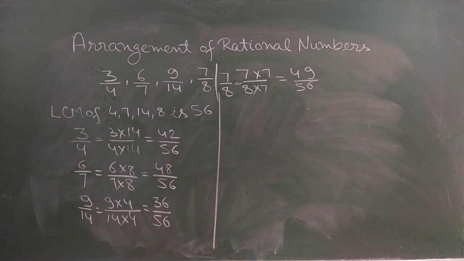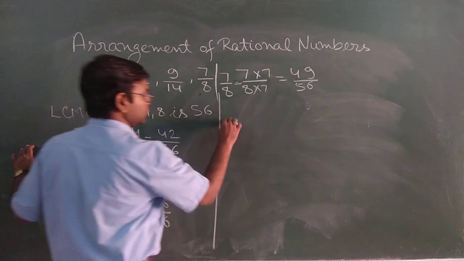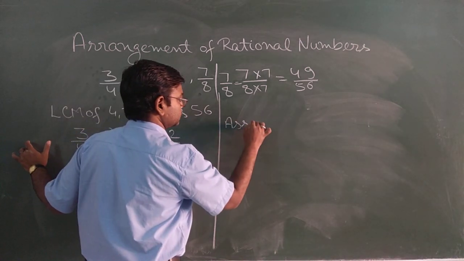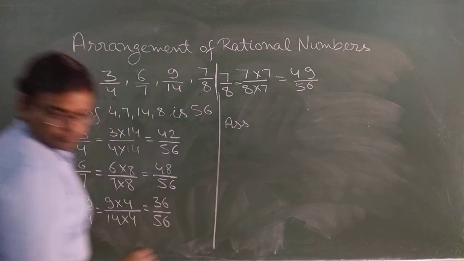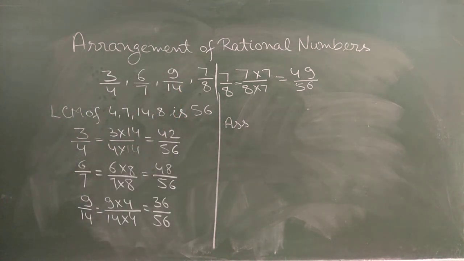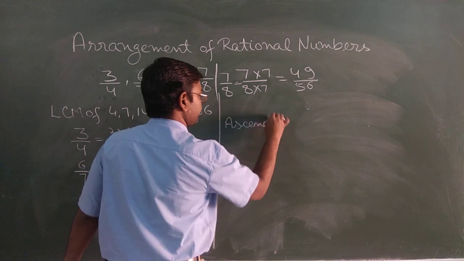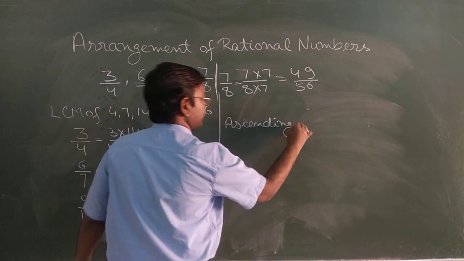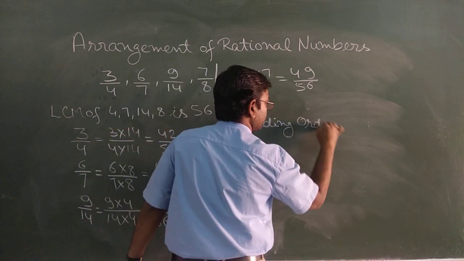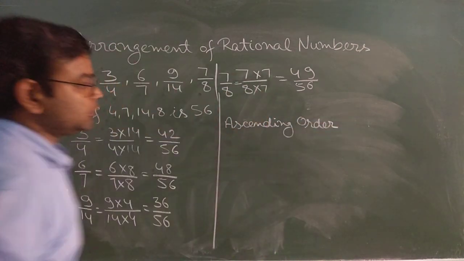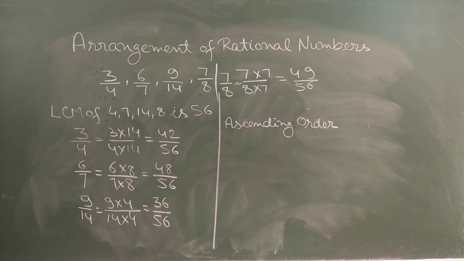Suppose we are going to arrange in ascending order. Clear? So write down. Hope you can easily see the numbers, nothing is cut out. Ascending order.